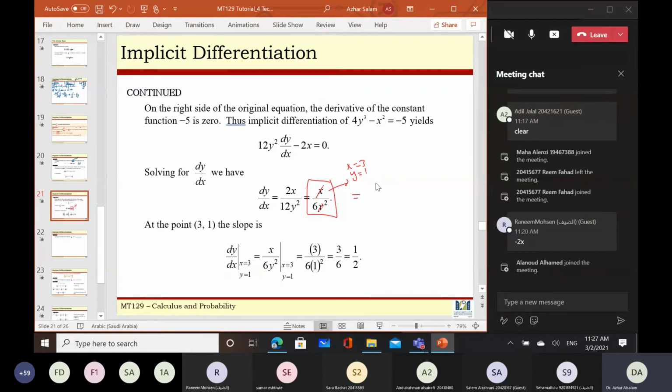So it will be 3 divided by 6 multiplied by y squared, which is 1 squared. It will be 3 divided by 6, so the required slope will be a half. This is the slope at (3, 1).